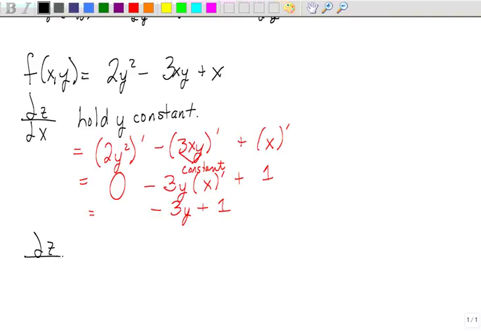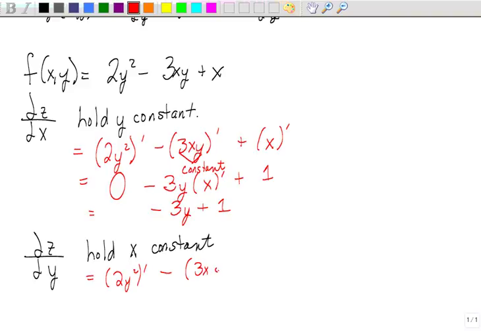Now, if we do it with z with respect to y, here we're going to hold x constant, or fixed. So, again, taking the derivative of each one, but this time x is constant. Okay, so the derivative of 2y squared with respect to y is 4y.